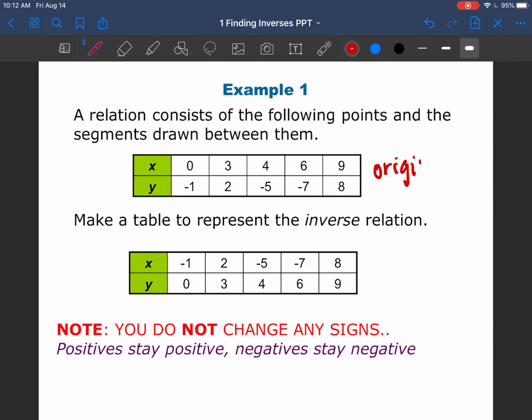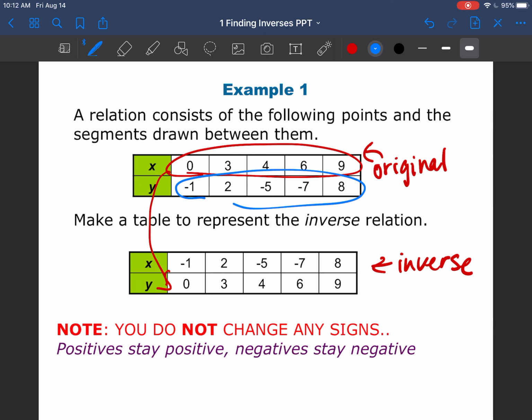And so if we have an entire table of points, and this were the original function, to graph the inverse function, we take all of these x values and put them in the y, and the corresponding y values would then go in the x.